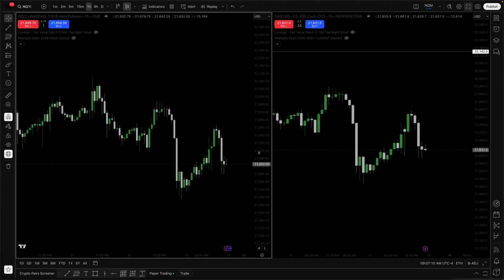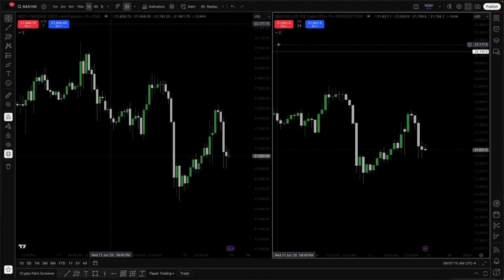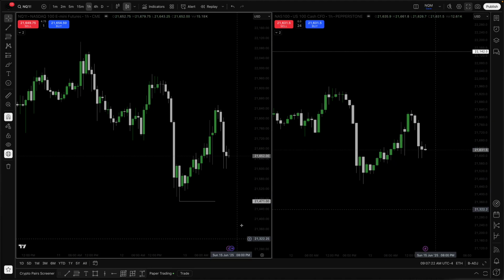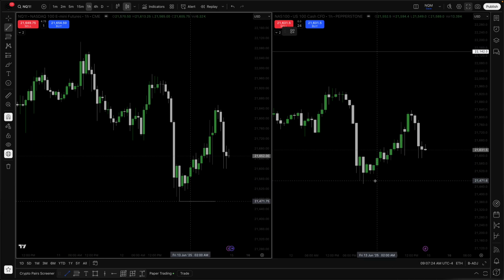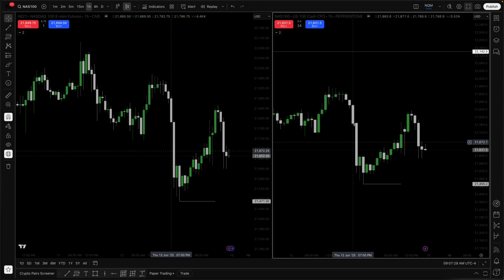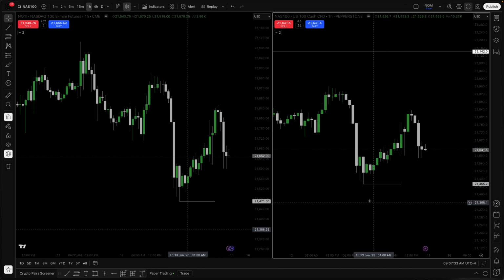Nearly, not exactly, because there are differences obviously in terms of volume and all that. But by and large, it's the same thing, right? For example, to get the lowest low, this is 21,471, and here this is 21,455. So there's a difference of let's say 15 to 20 points.